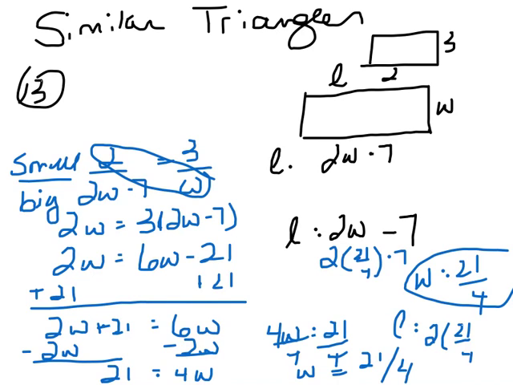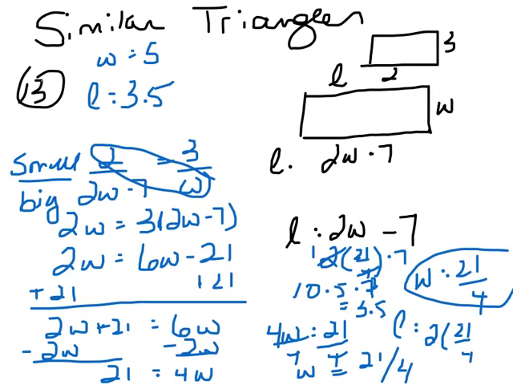Now I need to work out this length. 2 goes into 2 one time, 2 goes into 4 two times, so that's 21 over 2 minus 7. 21 over 2 is 10.5, so 10.5 minus 7 is 3.5. So my length is 3.5, and my width is 21 over 4, which would be 5.25. Okay? So that's how I could do 13.